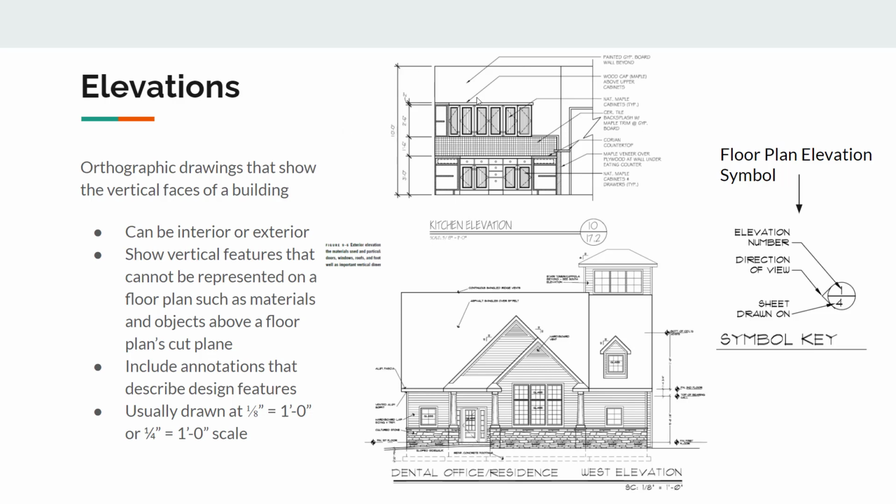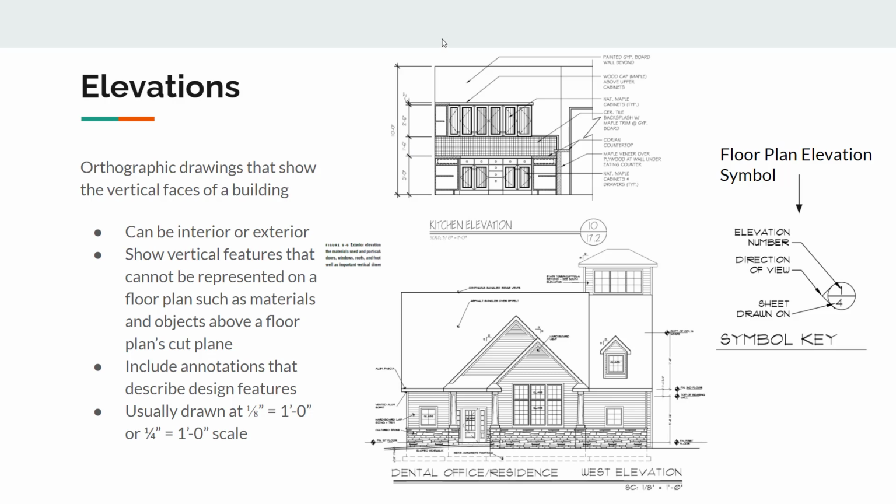So for example, these upper cabinets might not necessarily be represented on the floor plan. They could be with a dashed line, but usually you would refer to the elevation to see the exact placement and dimensions of those.